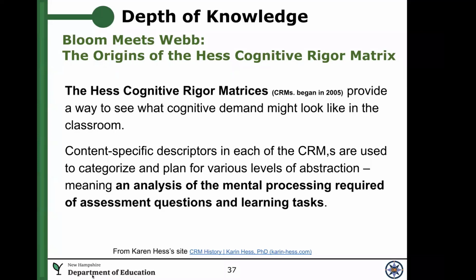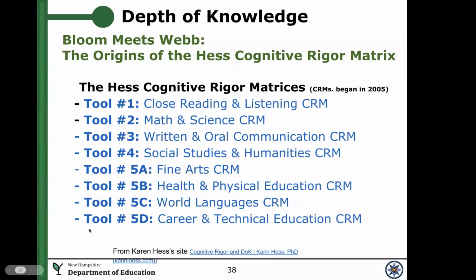Great. So then in this same sort of vein, we have here a look at the cognitive rigor matrix. These matrices were started in the early 2000s, and all of these tools here are links to different thought and rigor matrices.